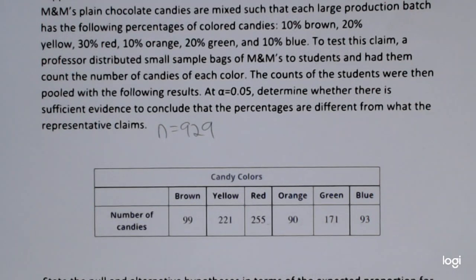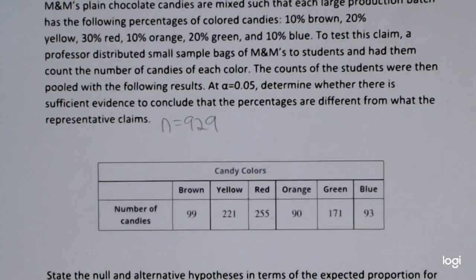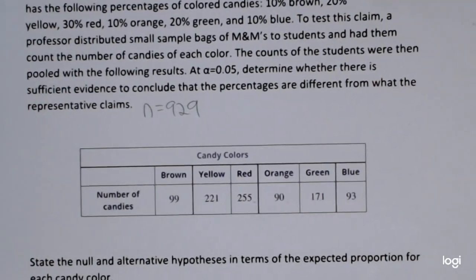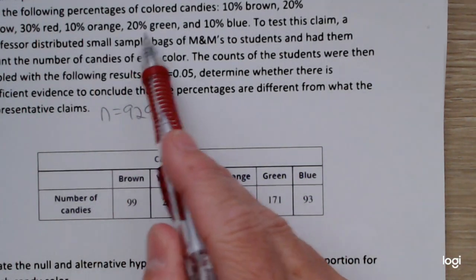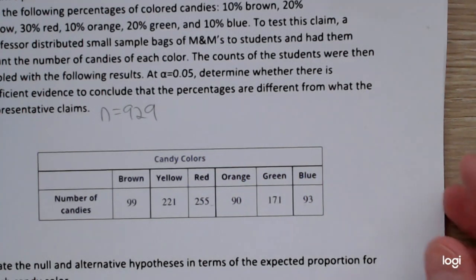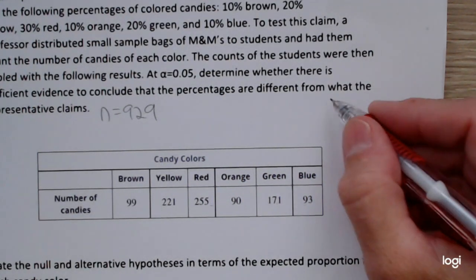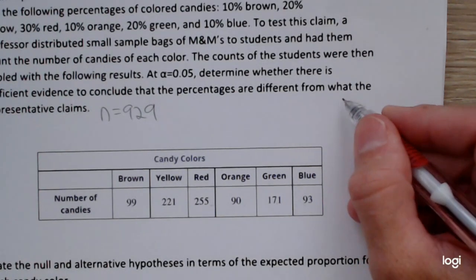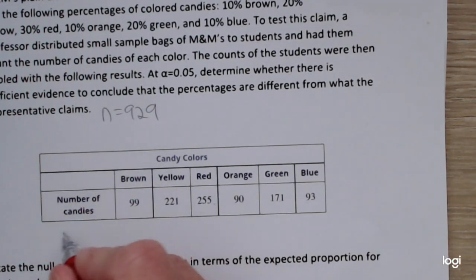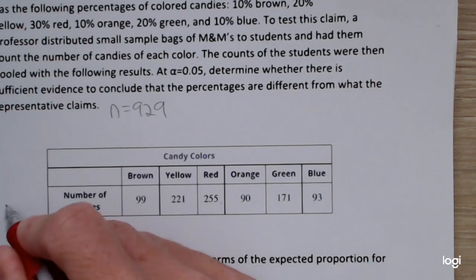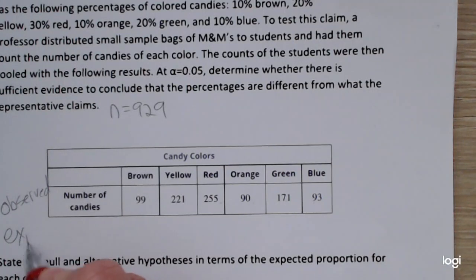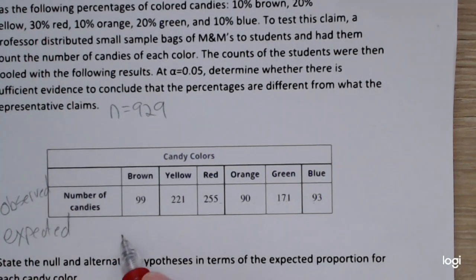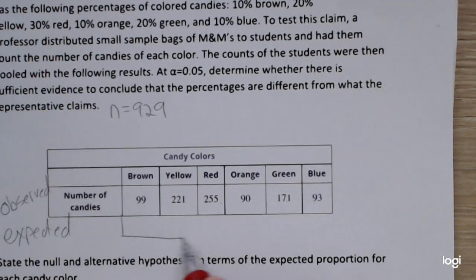To get the chi-square test statistic, we're going to need the expected values. The expected value calculation needs these percentages, and it needs the sample size. These are the observed, and then we need the expected for each category, for each color.